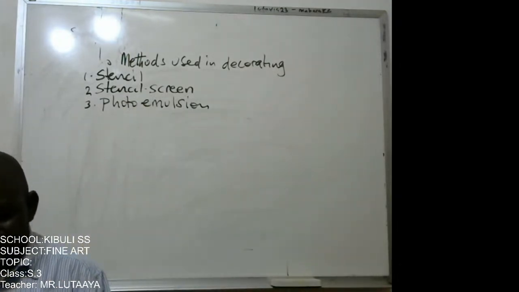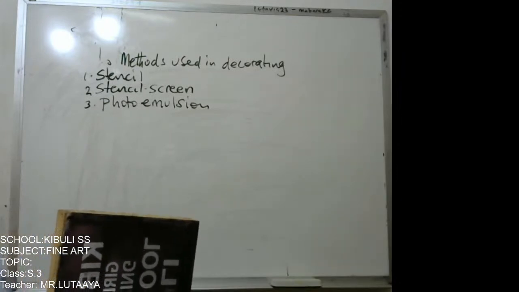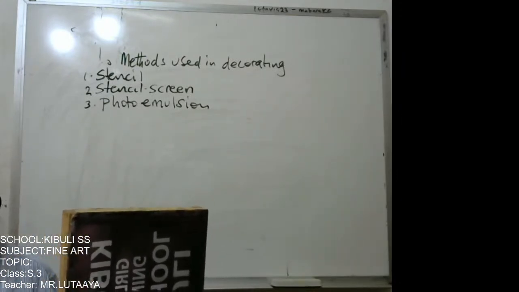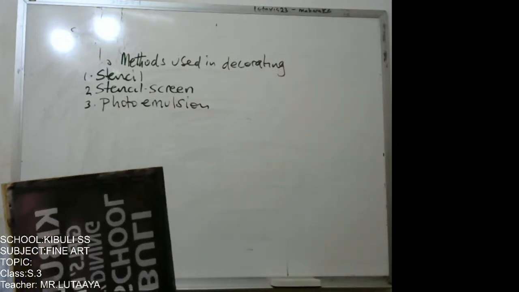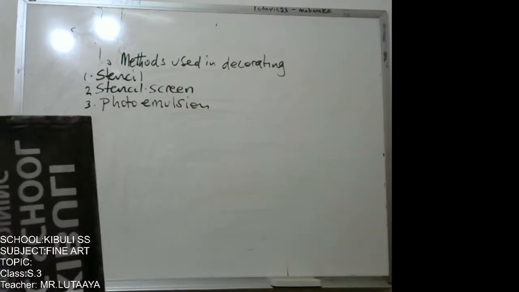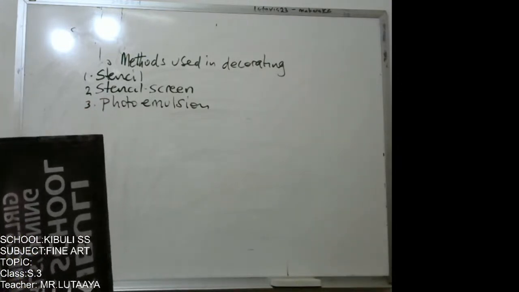So that is printing using photoemulsion. It has merits, it also has disadvantages. I think in our notes it is showing it very well. So as I said, I wanted this to be practical as we are winding up printing.